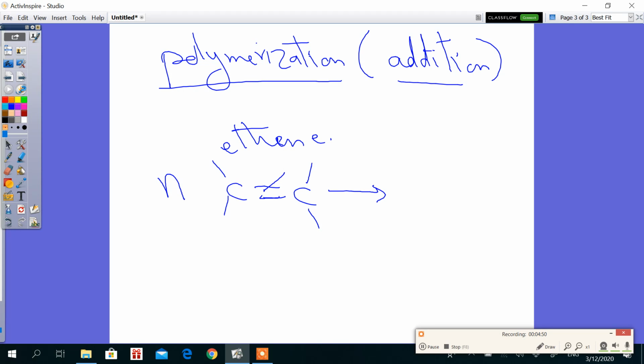So I can add ethene to ethene to ethene to ethene. If I have n of these ethenes, they can be added to each other, and I can break the bond like that. There is no limit for the ethene which is added, so I write n here.